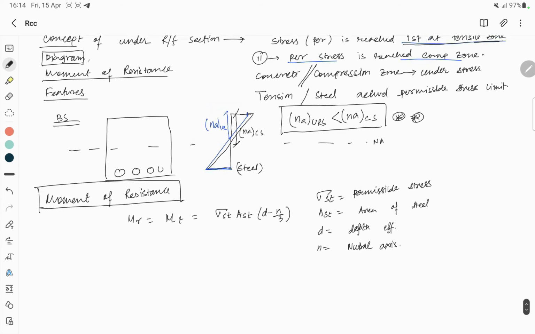So this is how you have to find it when you calculate the moment of resistance. The external moment is counteracted by, or equal to, the moment of the tensile zone. Clear?